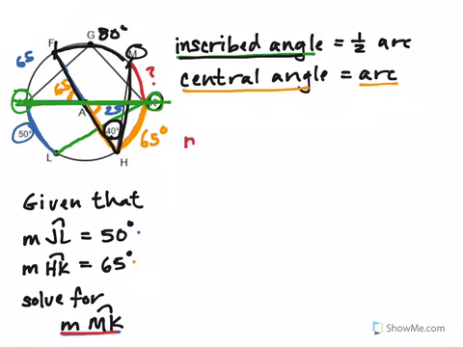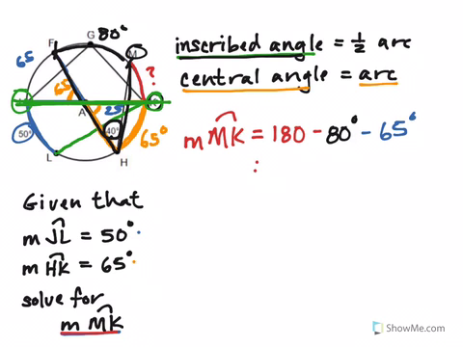Therefore, the measure of M to K, which is what we're solving for, should be equal to 180 minus what we already know, minus the 80 degrees and minus the 65 degrees. The 80 and the 65 make up 145, and we subtract that from 180 and get 35 degrees.